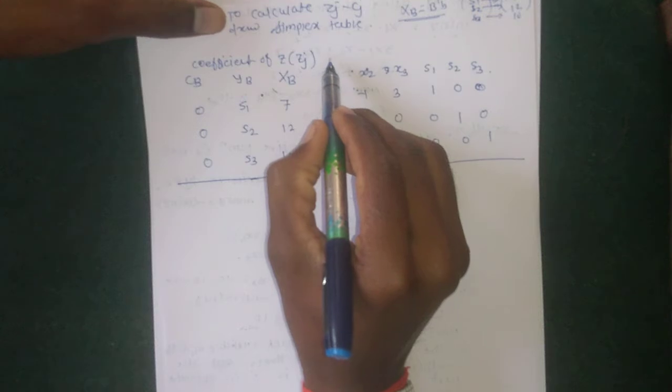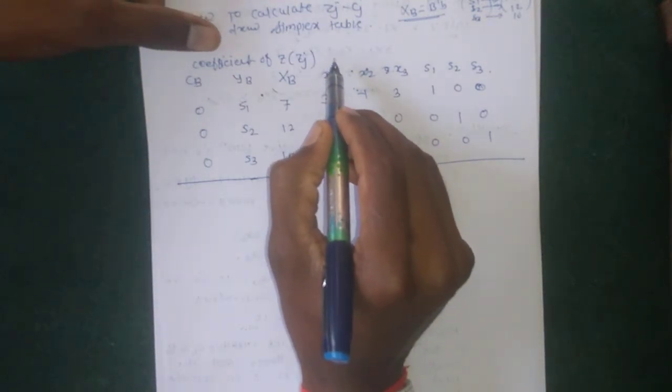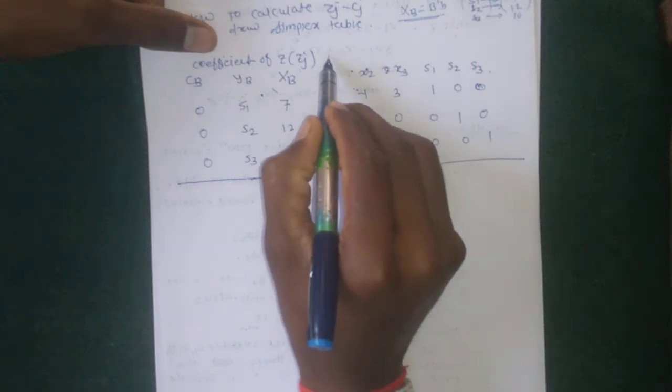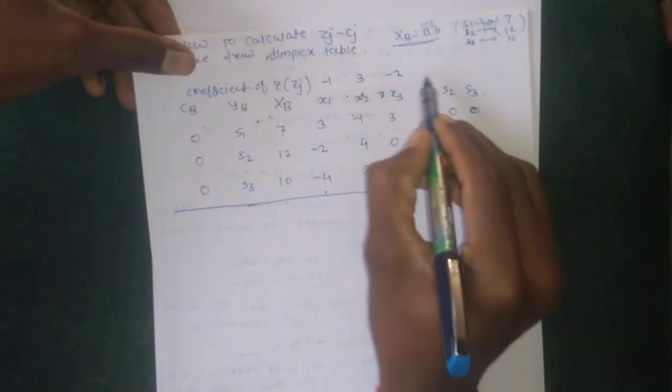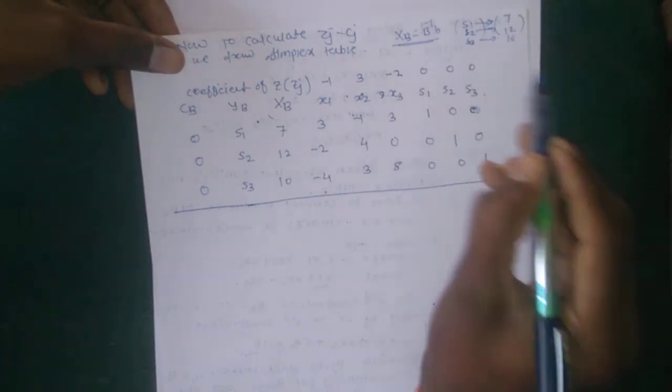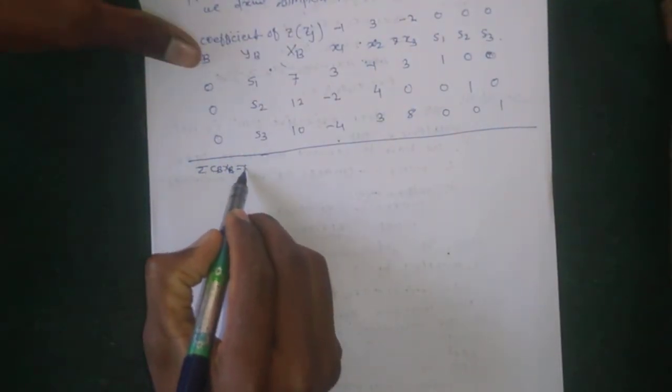Okay, so now we have to find the zj minus cj. The coefficients of zj, the coefficient of x1 is minus 1, the values are minus 1, 3, minus 2, 0, 0, 0. Here the summation of cbxb is equal to 0.